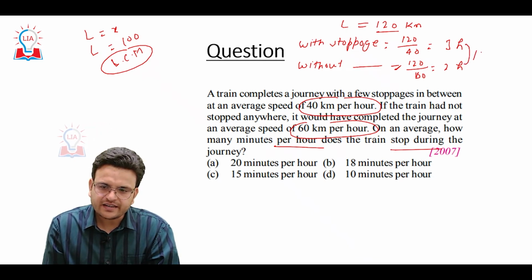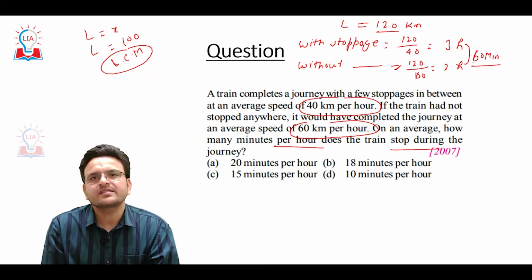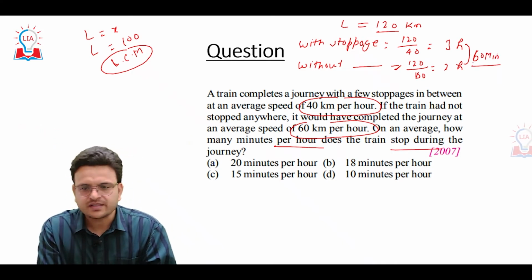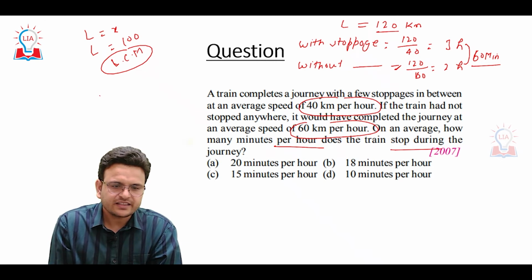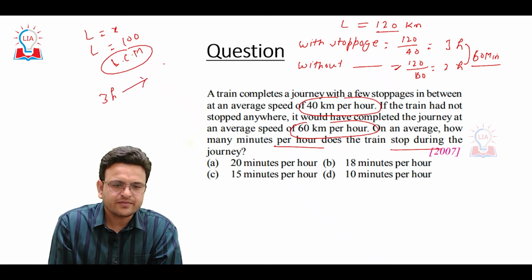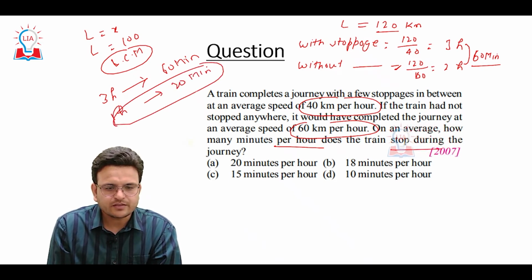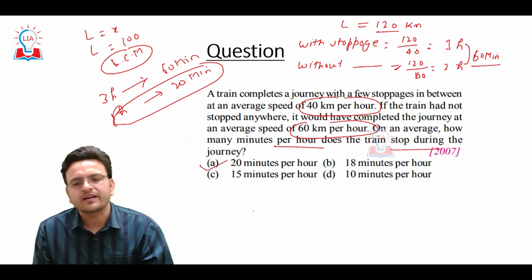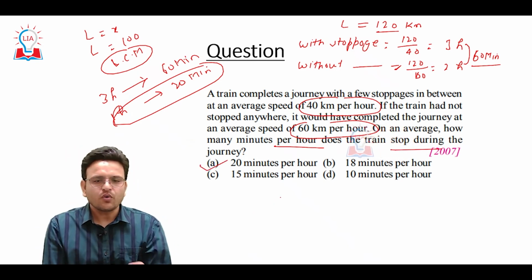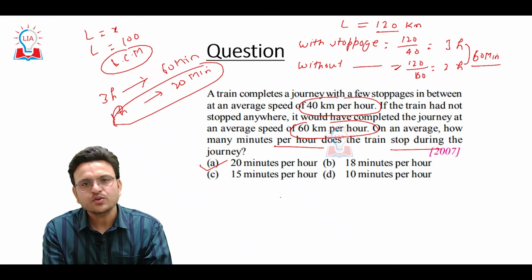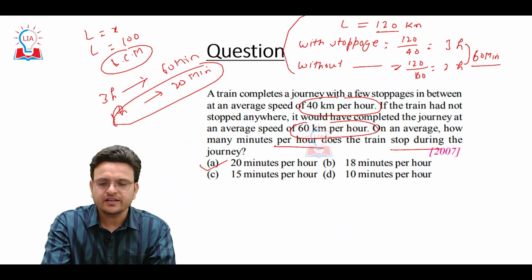Here we can say that there is a 60-minute stoppage in a 3-hour journey. In a 3-hour journey we have 60-minute stoppage, and in a 1-hour journey it will be 20-minute stoppage. So the answer will be 20 minutes per hour. Hope you are able to understand. You have to solve such questions this way only.